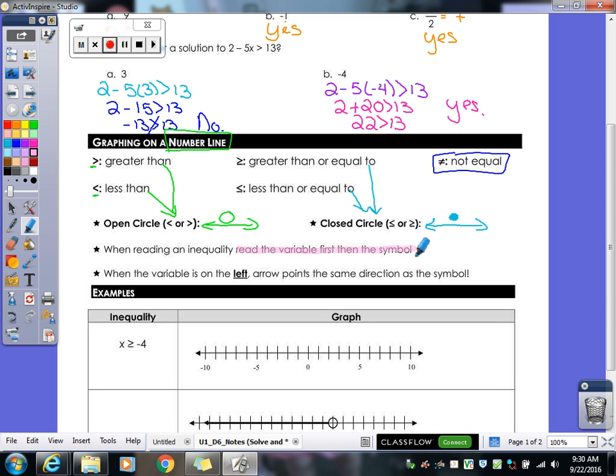That is key because it's not always going to be in order from left to right. It's not always going to have the variable on the left side. Sometimes the variable is on the right side. So you have to be able to read from wherever the variable is. Only when the variable is on the left does the arrow point which way you're going to shade. I don't like to rely on that because the variable is very rarely on the left these days.